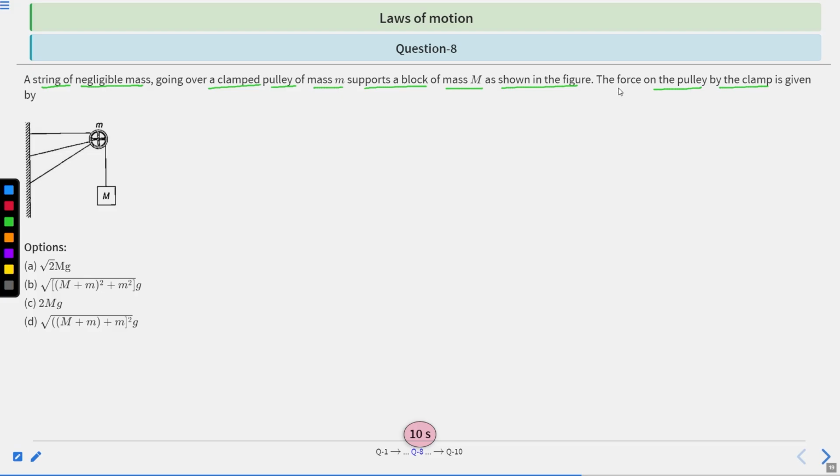Option A: root 2 mg. Option B: root of (m plus m) whole squared plus m squared, multiplied by g. Option C: 2 mg. Option D: root of (m plus m) whole squared, g. Which one is correct? You have 10 seconds to solve this question. After that, we will provide the solution.